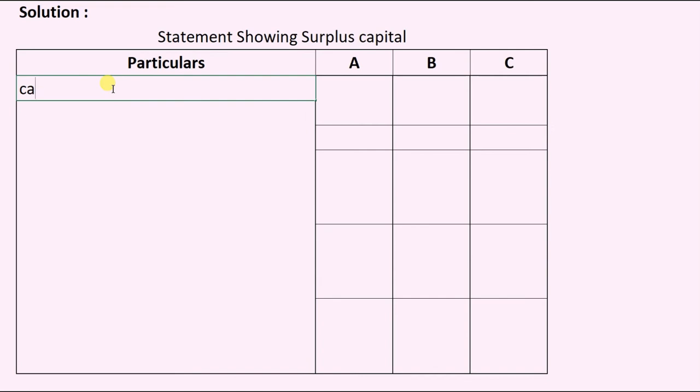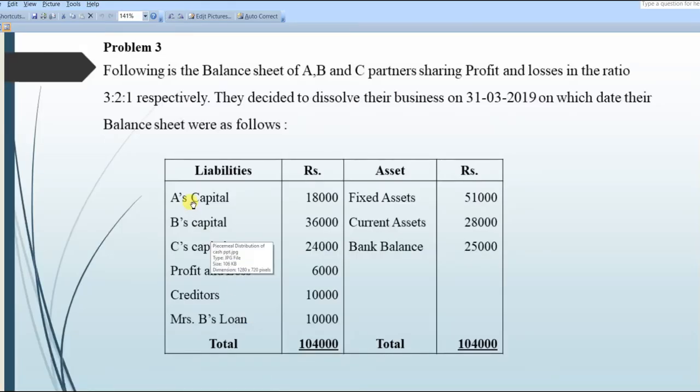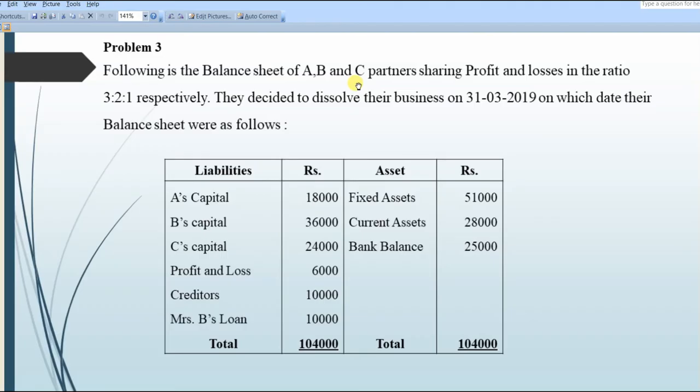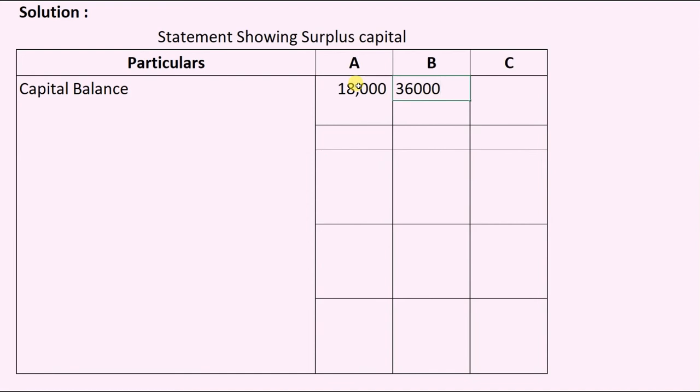Capital balances. A's capital 18,000, B's capital 36,000, then C's capital 24,000.